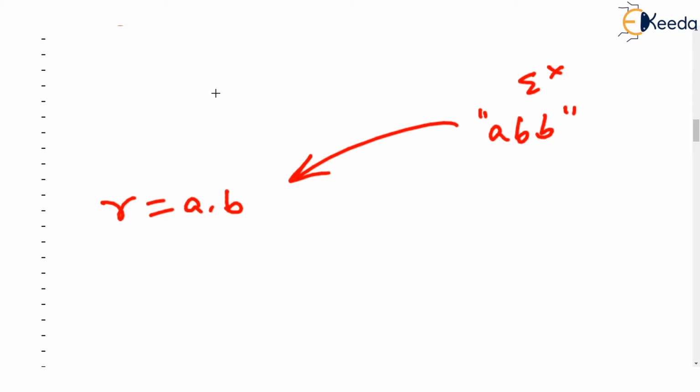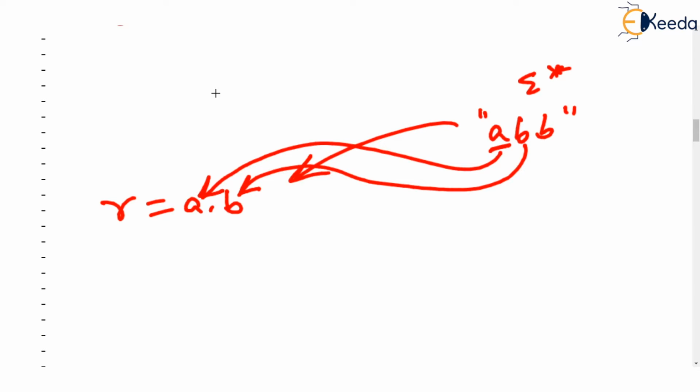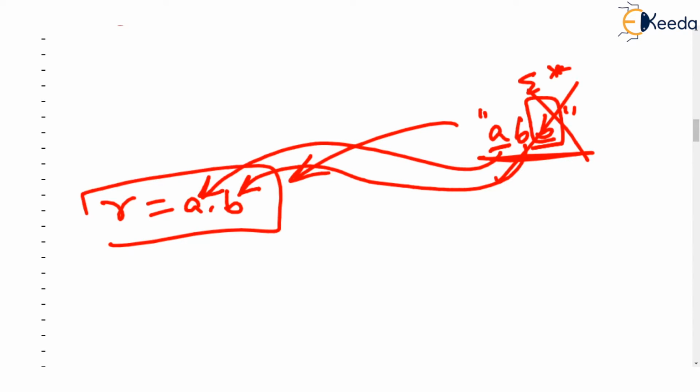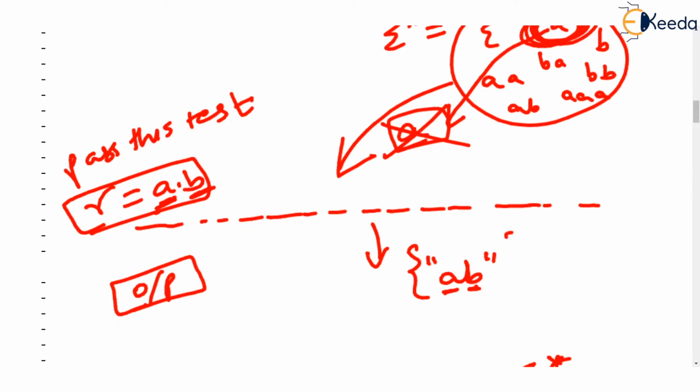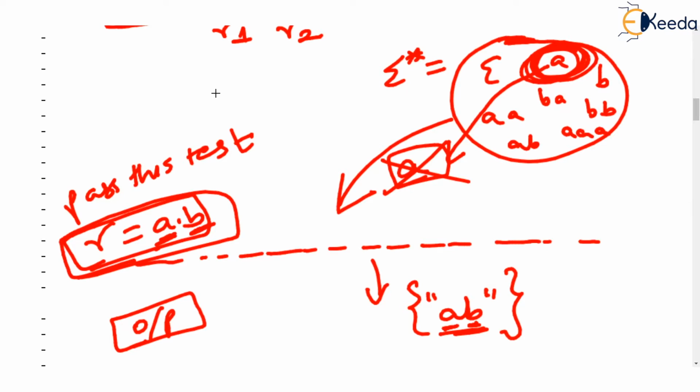So you can see that A matches the first A, followed by B, it matches B. But there is no provision over here to match this third B. Hence, the string ABB will not obey the rules of the given regular expression A dot B. Only one string will obey the rule, that is AB. So regular expression A dot B will actually accept only one string, that is AB, from this entire universal set. You note that this string AB is only accepted, remaining are rejected.